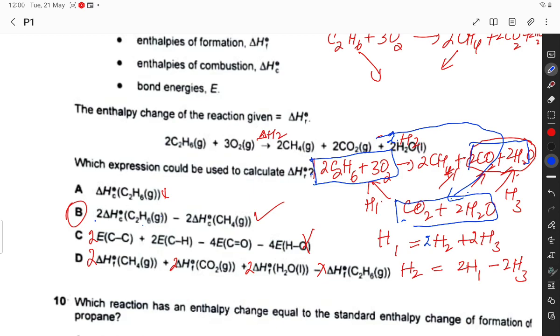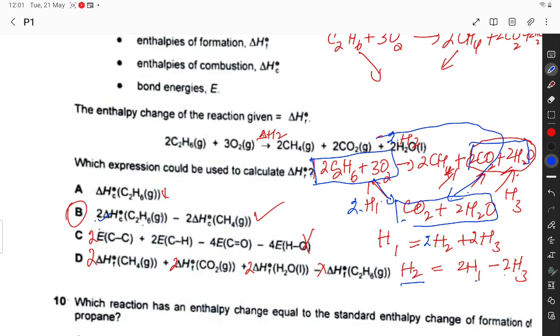H2, that is the H2, and this is 2, and minus, because H2 is the subject, H2 is the subject, and this is 2H1 minus H2 is equal to 2H1 minus 2H3.